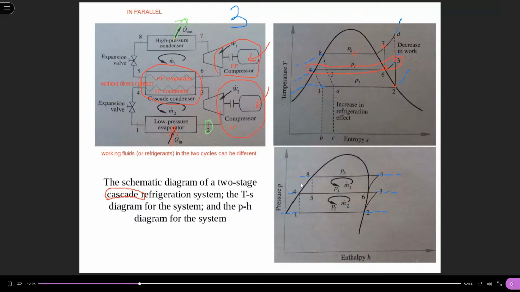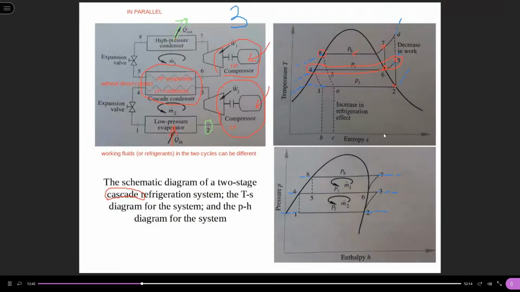Then to state 8. State 8 goes through the expansion valve and will be throttled to state 5.